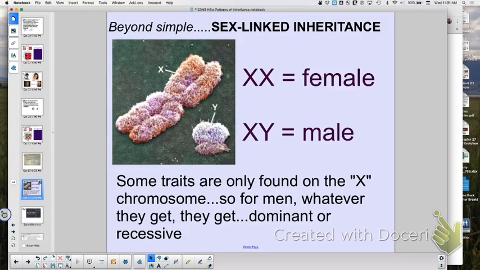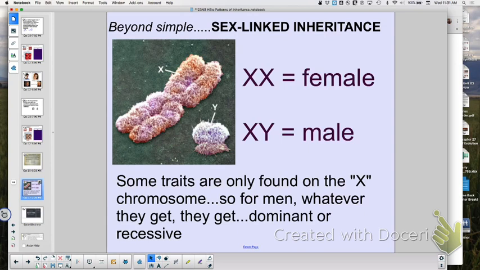Now, let's go back and revisit what we talked about earlier today. Females in this room, biological females: you got an X chromosome from your mom and an X chromosome from your dad. You are 2 X's. They will play themselves out, dominant and recessive, just like all your autosomal diseases.